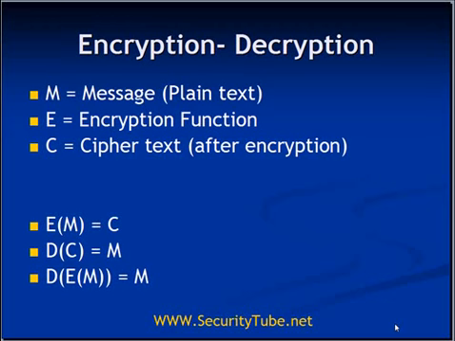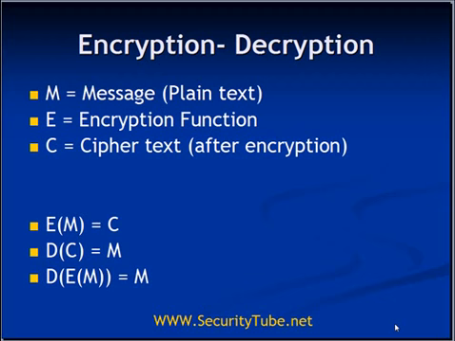The whole cryptography can be mathematically represented in the following way. M is a plain text message, E is some encryption function which will be applied over M to get C, that is the ciphertext message, after encryption. So when the encryption function is applied on the message M, C, that is the ciphertext message, is generated.